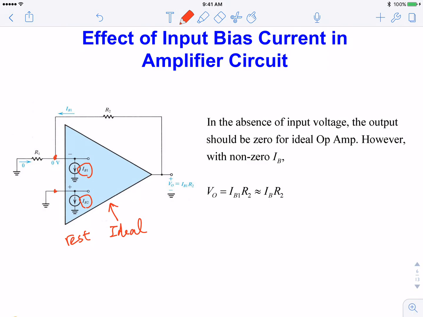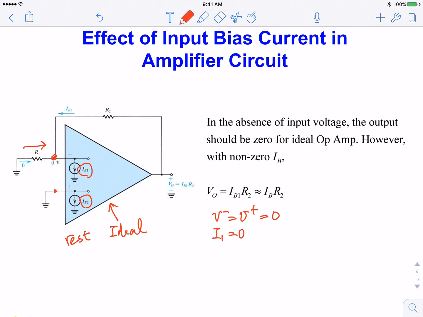So here, V minus is also equal to V plus. That's equal to 0. And so the current flowing through R1 is 0 because it's 0 on both sides. So I1 is equal to 0.